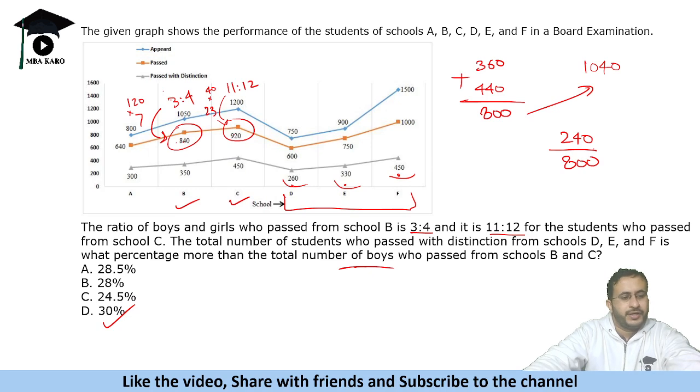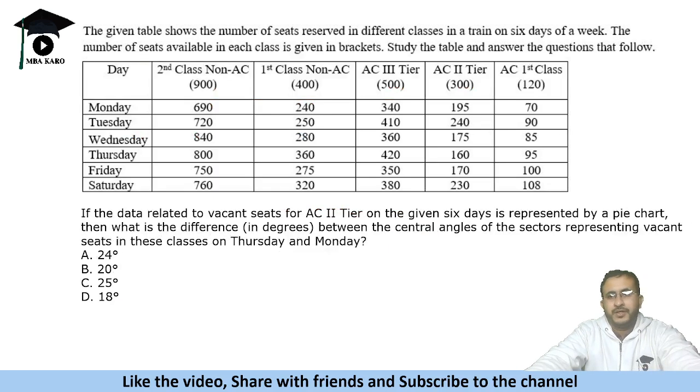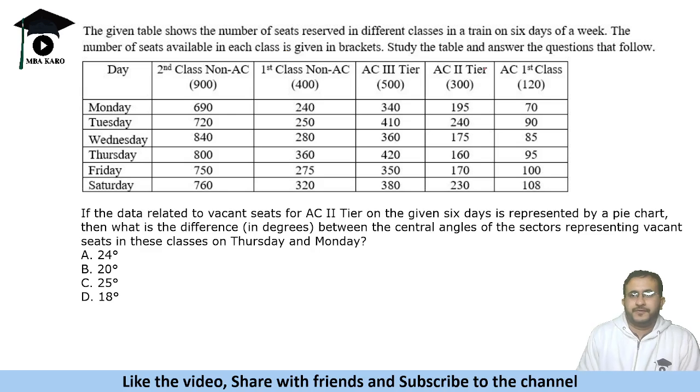Okay, all right, so here's the next one. Now this says that the table shows the number of seats reserved in different classes in a train on 6 days of a week. Okay, so there are different classes and the number of seats available is given in brackets. So this is the number of seats available.